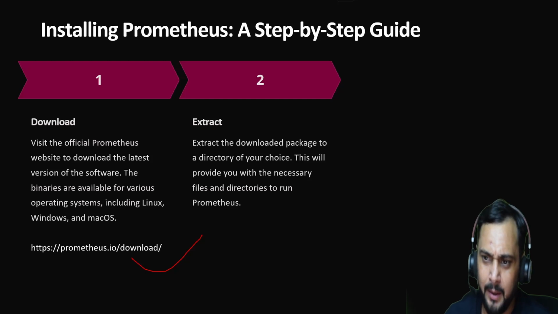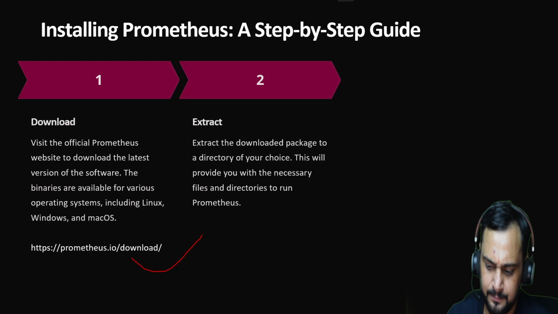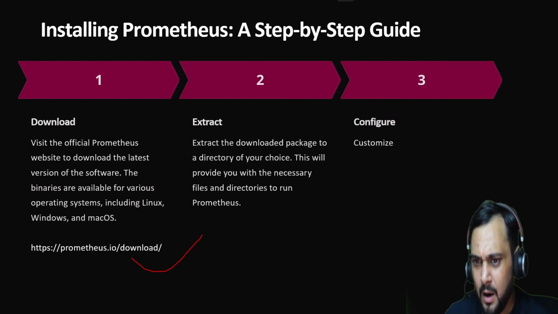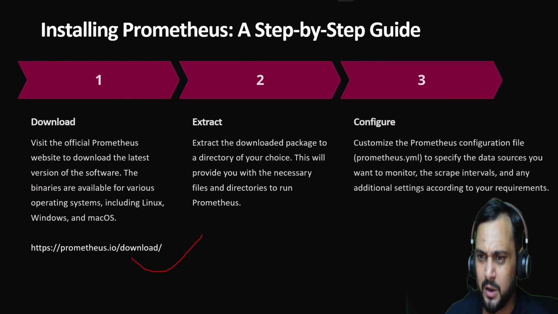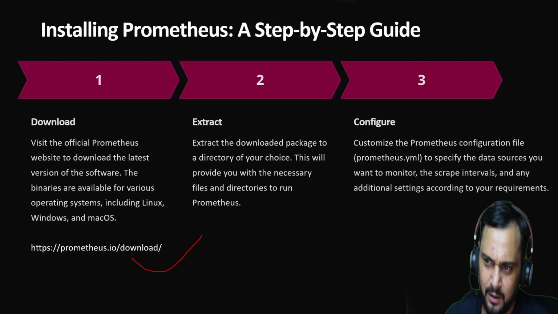Once we have downloaded the package, we need to extract it to a directory of your choice. This will provide you with the necessary files and directories to run the Prometheus server. The last step would be to customize the Prometheus configuration file, prometheus.yaml, to specify the data source you want to monitor.